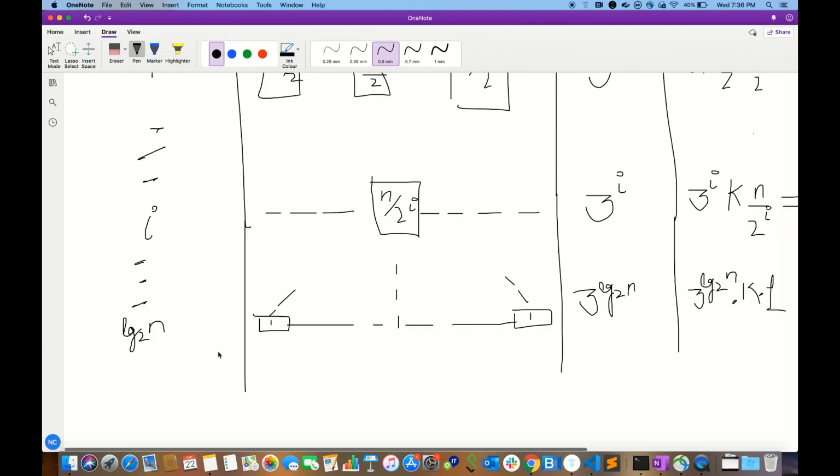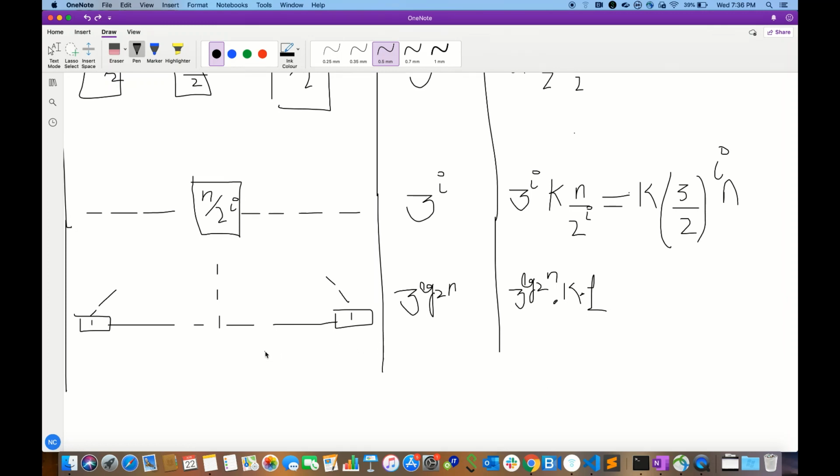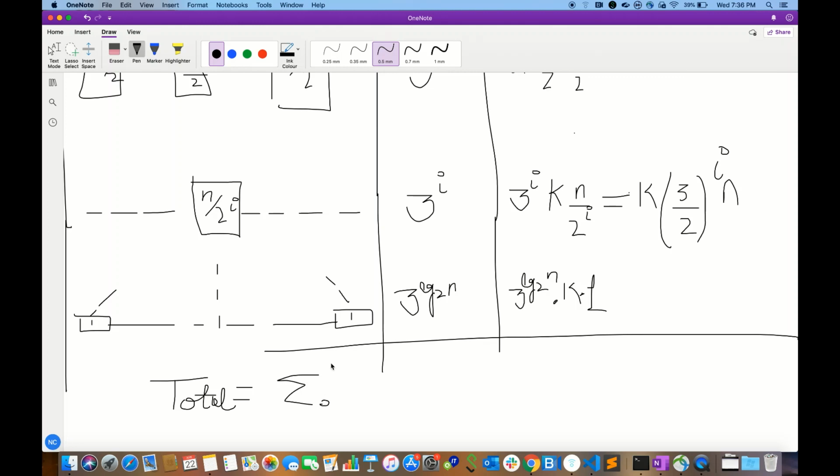So let's calculate the total work that is done here. Summation from i equals 0 to log n with base 2, and the generic work is 3 to the power i times k times n by 2 to the power i.